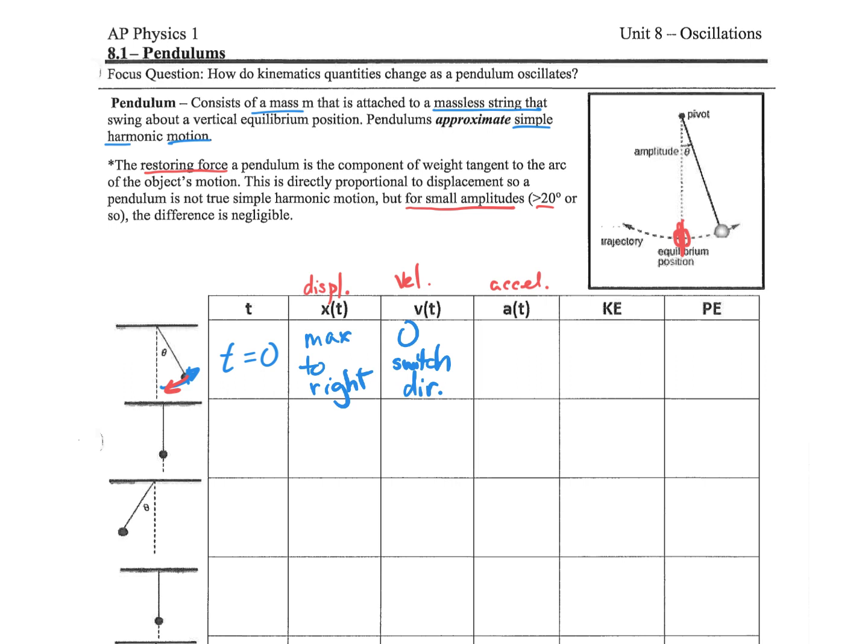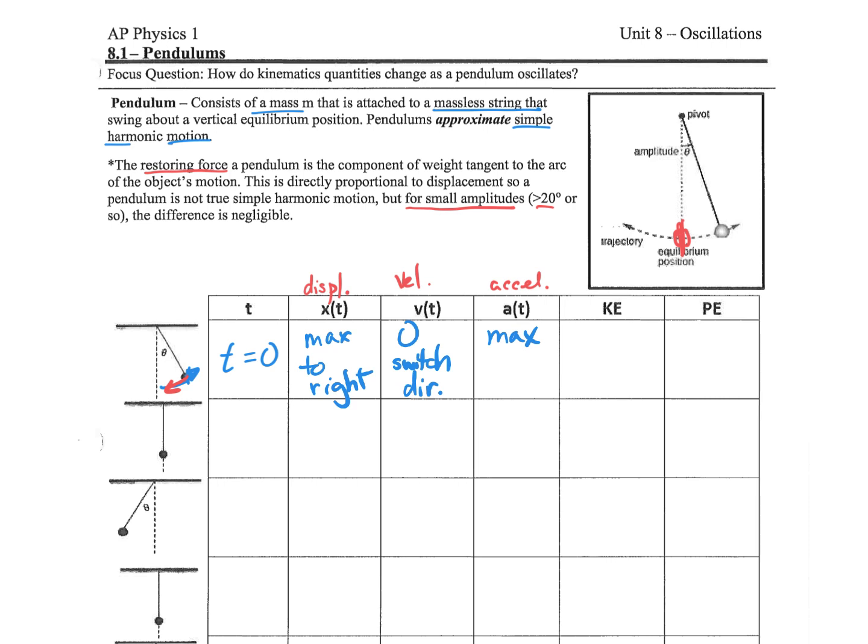What about its acceleration? Let's look at its acceleration now. Let's go slow. Look, that arrow is at its longest right here. So we know the acceleration is at its max. And which direction is the acceleration pointing now?